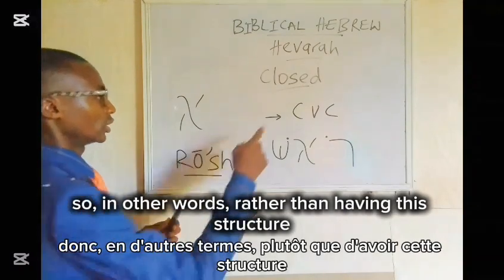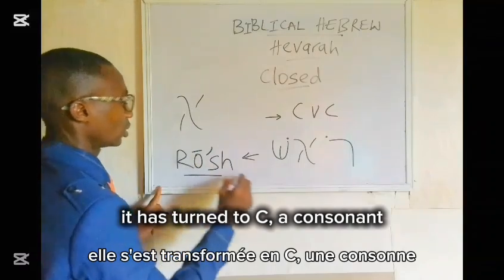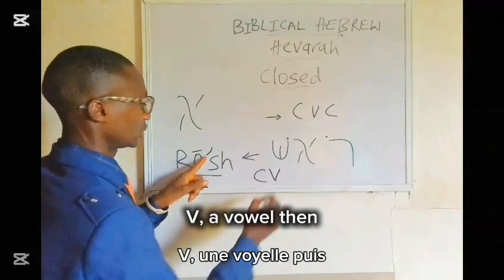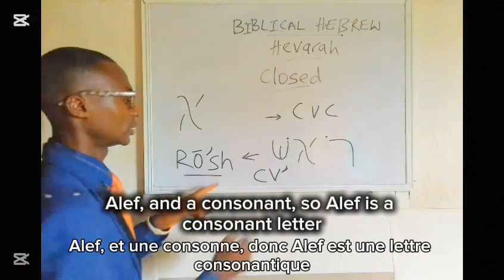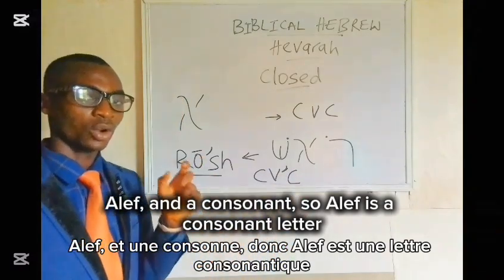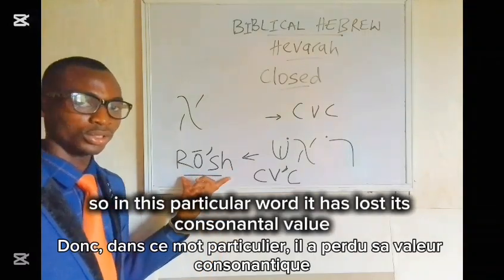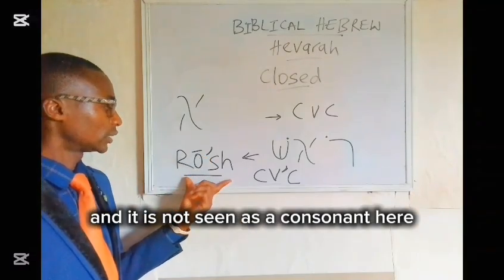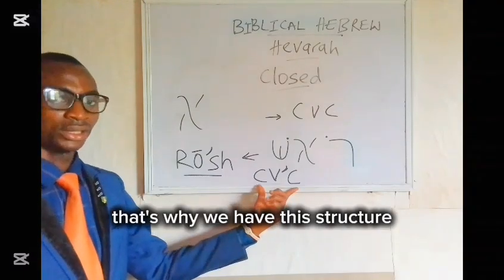So rather than having the usual structure, it has turned to C, a consonant, V, a vowel, then aleph and a consonant. Aleph is a quiescent letter. In this particular word, it has lost its consonantal value, and it is not seen as a consonant here, and that's why we have this structure.